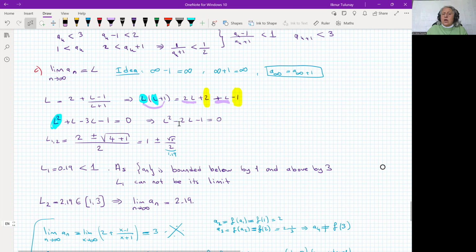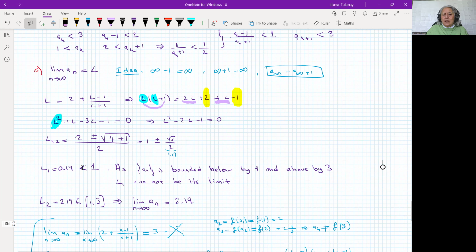So we have L squared minus 2L minus 1, and let's calculate the roots of it. And the roots will be 1 plus or minus square root of 2. This is a number of about 1.41. If we take 1 minus 1.41, we find one of the roots is about minus 0.41, and that is smaller than 1, which is impossible.